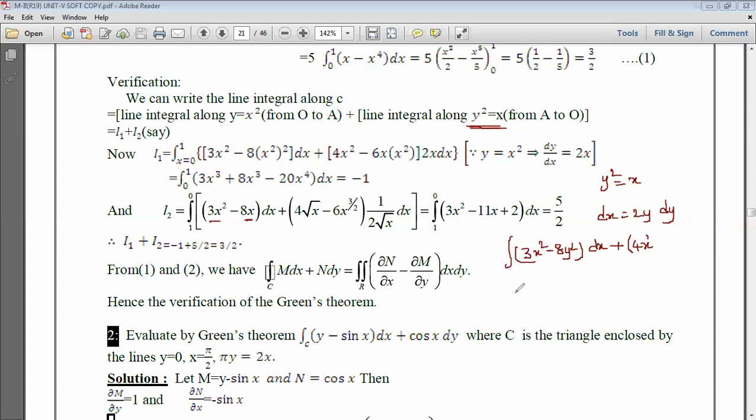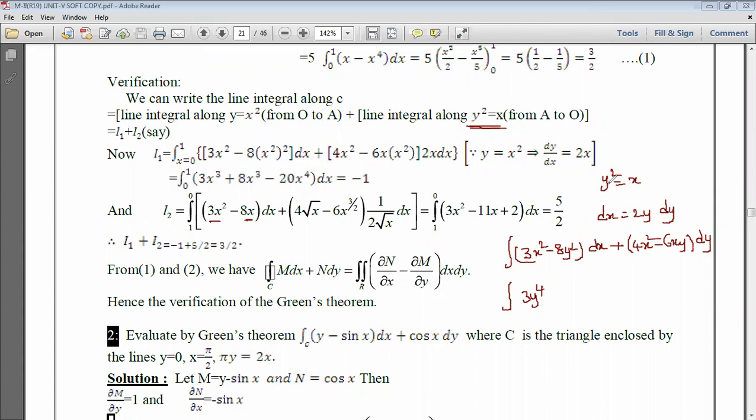This is actual. Now we can convert x in terms of y or y in terms of x. That's up to you. Here I am using x square is nothing but y power 4, right? I'm going to convert x in terms of y.